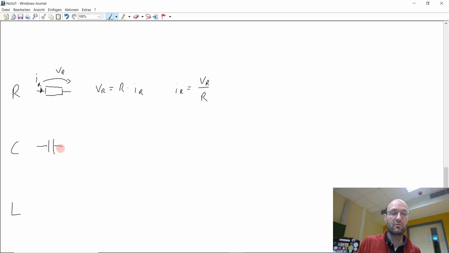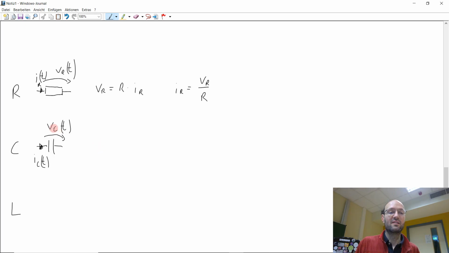So if we have a capacitor, as in our exercise task here, and if we have a current going through the capacitor, I will call this IC of t, and the voltage drop is Vc as a function of time. This is both as a function of time.